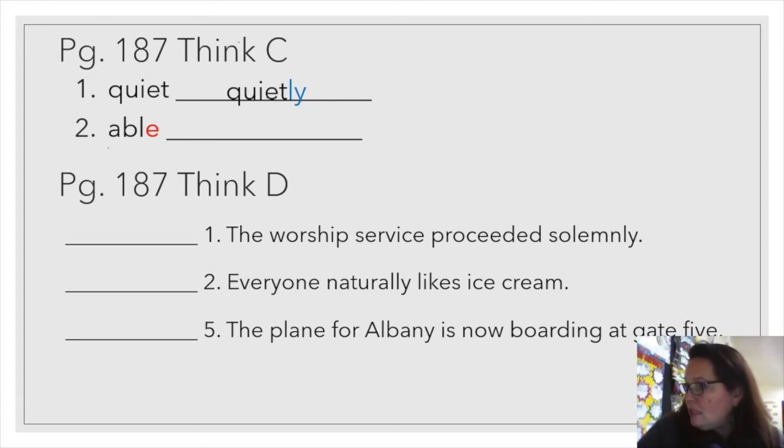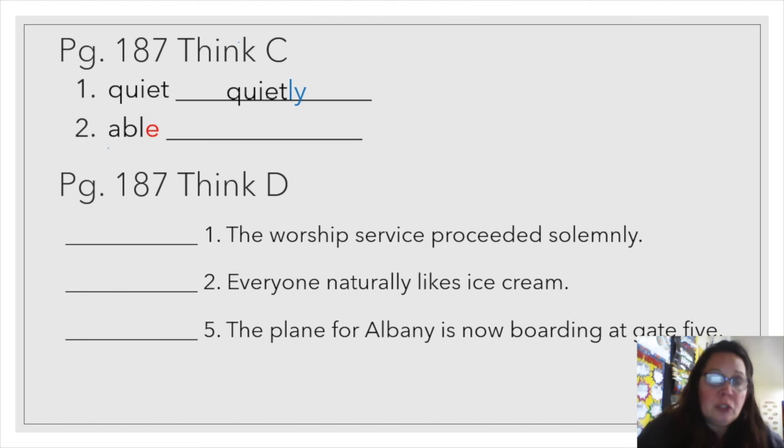Page 187 says change the adjectives to adverbs by adding ly. If the adjective ends with le, then drop the e and just add the y. So here we have quiet, which is an adjective. Now we're changing it to an adverb so it can describe a verb, and all you do in this case is add the ly.